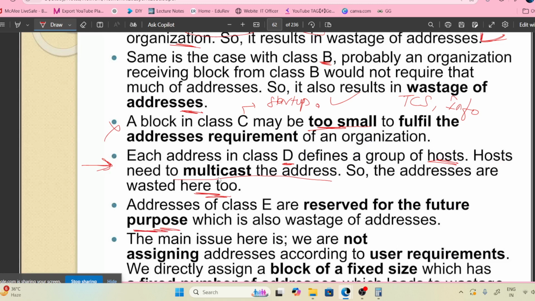We know class A, B, C, D, E. In class E, we said we are going to reserve some for the future. But again, it is wasteful, because we could assign those IP addresses to some organization and utilize them. Whenever we reserve something, we are not utilizing it, so again it is wastage.